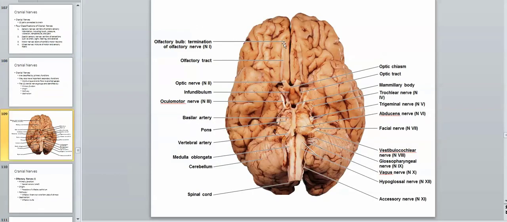This is the olfactory bulb. This is where the olfactory nerve or cranial nerve 1 terminates, and cranial nerve 1 is actually located in the epithelia of your nose and your nasal passages. And so this is what's going to bring information about smell. Cranial nerve 1 is a collection of nerves that all have their axons coming up through the cribriform plate of the ethmoid bone.